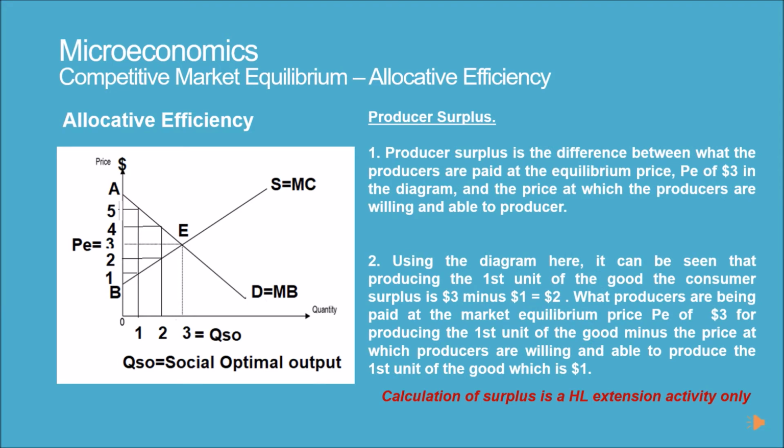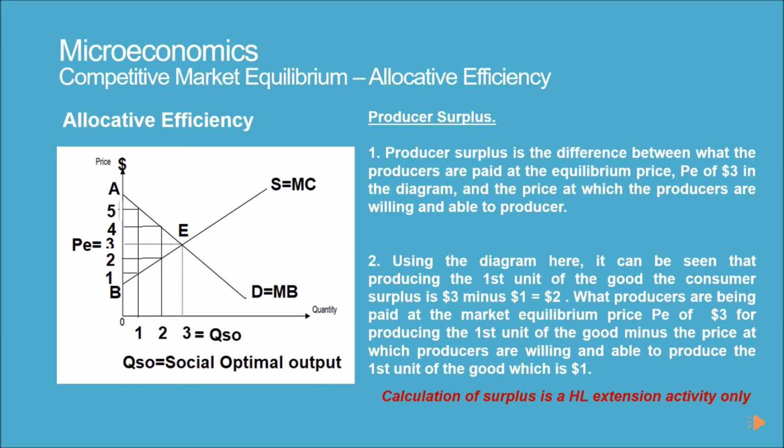Producer surplus. 1. Producer surplus is the difference between what the producers are paid at the equilibrium price, PE of $3 in the diagram, and the price at which the producers are willing and able to produce. 2. Using the diagram here, it can be seen that producing the first unit of the good, the producer surplus is $3 minus $1 equals $2.